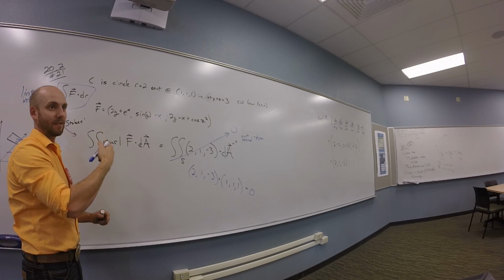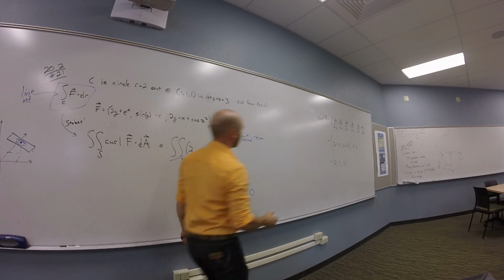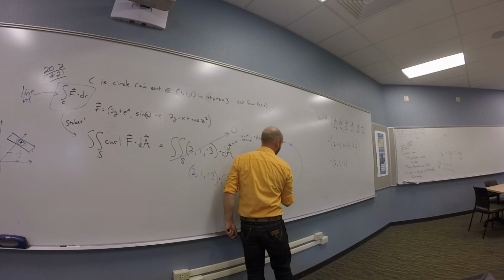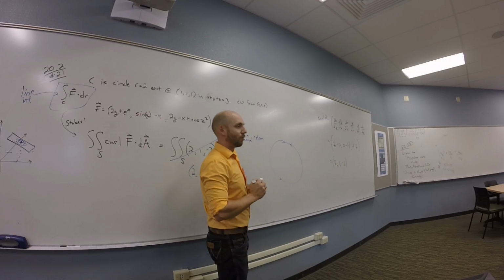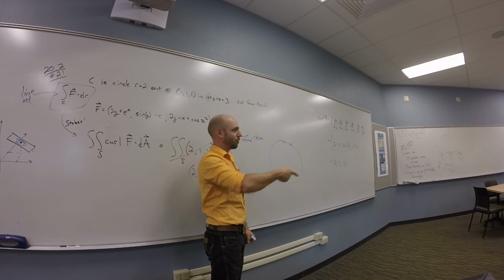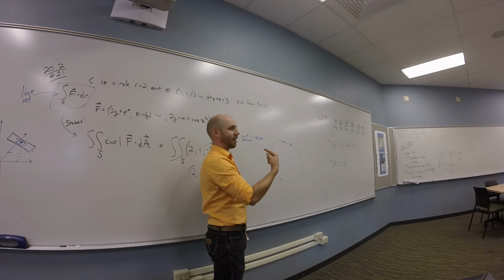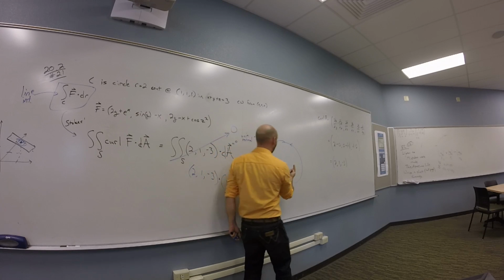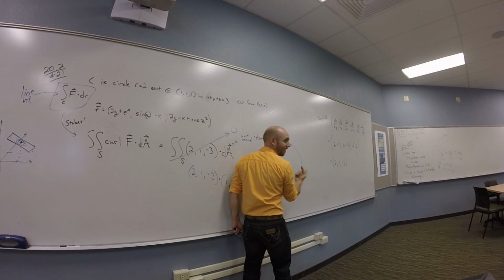You guys see that? So if you have your disk here, you're going around it some way. Where's the churn in your vector field that's going to help you get around this thing? Well, the curl is always perpendicular to the normal vector.